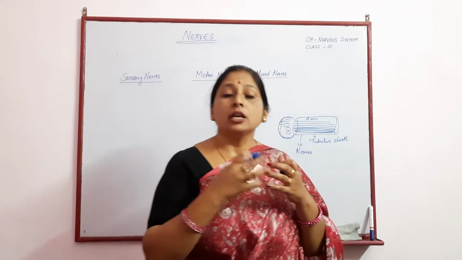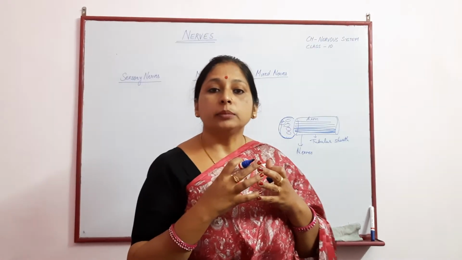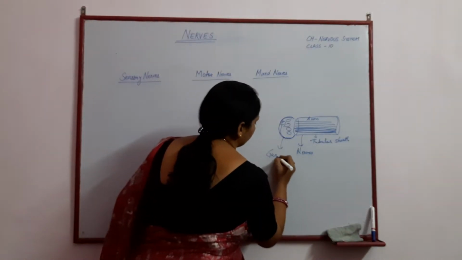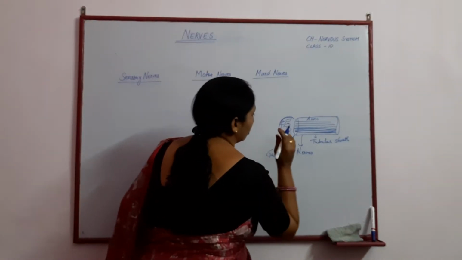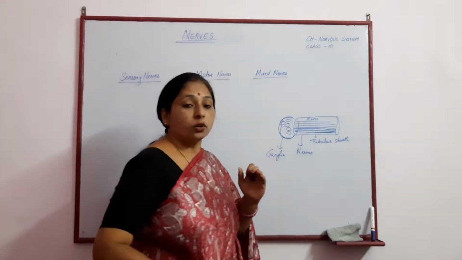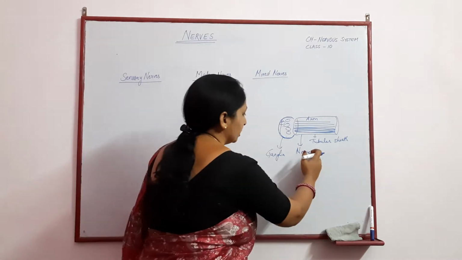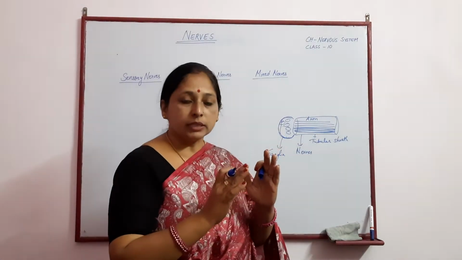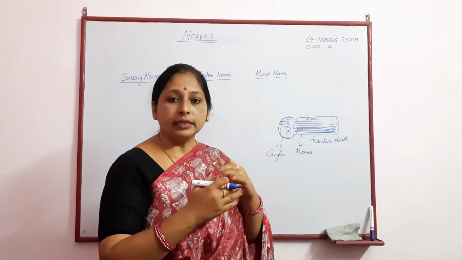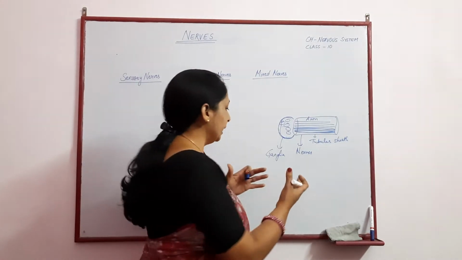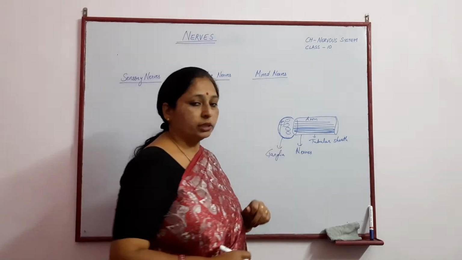The aggregate of cell bodies is termed ganglia. So a bundle of axons bundled together is termed a nerve, and cell bodies aggregated together, forming a cluster, is ganglia. So there are these two terms.